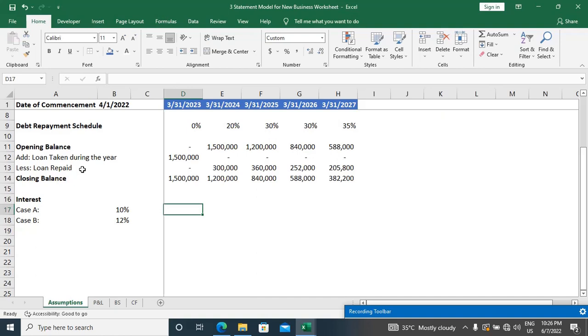Now what to do on it? The answer is very simple. We will calculate two interest amounts here using these two different rates. We are doing it equal to closing balance multiplied by this rate, and we are fixing this rate because it will remain constant.